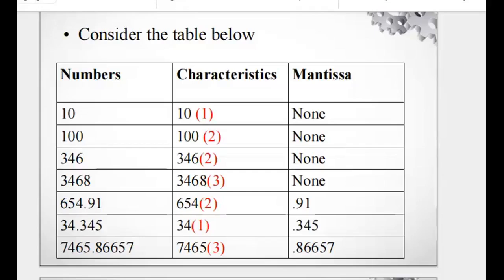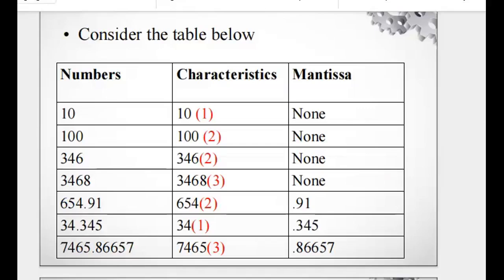Now, as we can see, the first number, 10, has no decimal, so therefore it has no mantissa, and for the characteristics, it's 1. The same applies to 100. 100 has no decimal part, therefore the mantissa is none, and the characteristics is just 2.